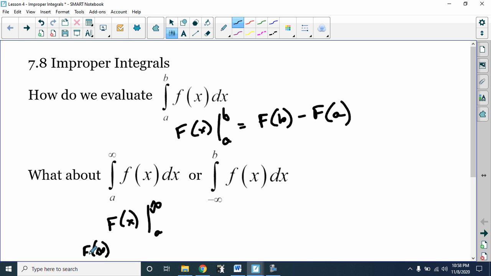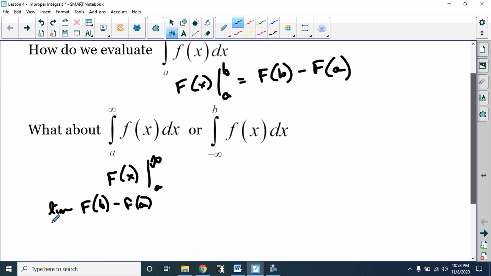F of infinity, it isn't a thing. We can't plug infinity in for F. So what we're doing instead is we're evaluating F of b minus F of a, but we want b to approach infinity. So we're evaluating the limit as b approaches infinity of F of b minus F of a.